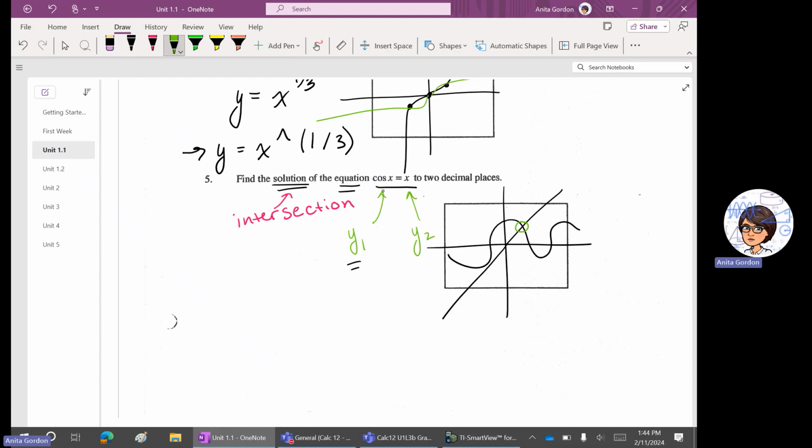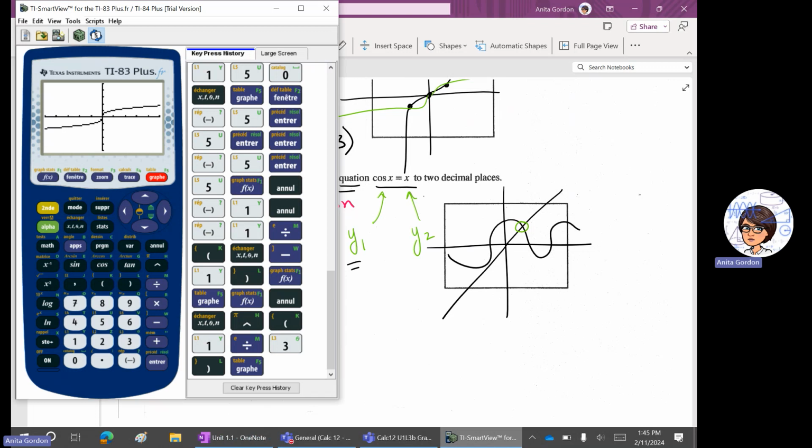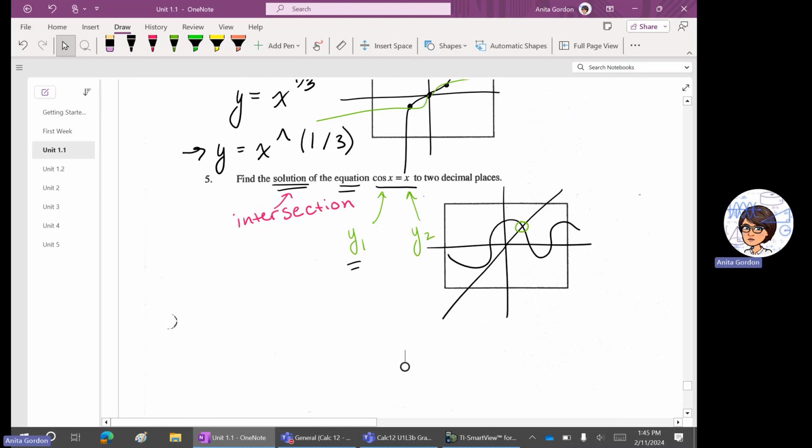Now we know that the maximum range for cosine is positive and negative 1, so we're not going to zoom out on our window, and y equals x will go on and on forever. So what I'm going to do here is leave the y as positive and negative 5.